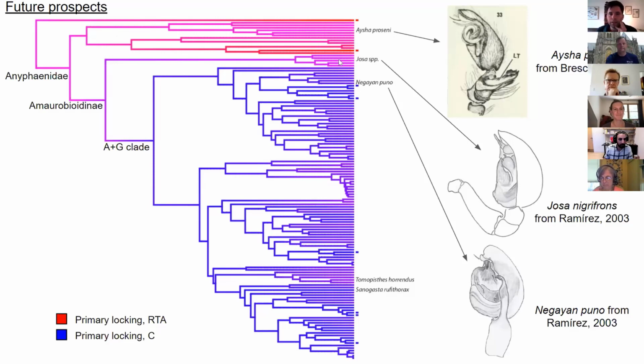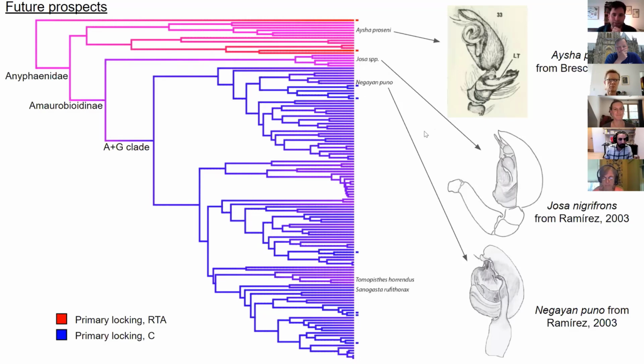Then Hosa will also shed some light into the base of Amaurobioidinae. They don't have an RTA, but we don't know what they use for primary locking at all. And they reacquire the femoral apophysis. We don't know what they use it for at all. And the other species we're really looking forward to seeing is Negashan puno.